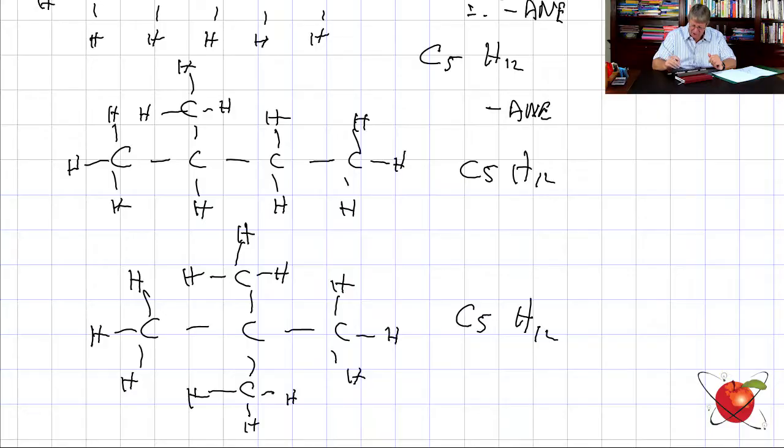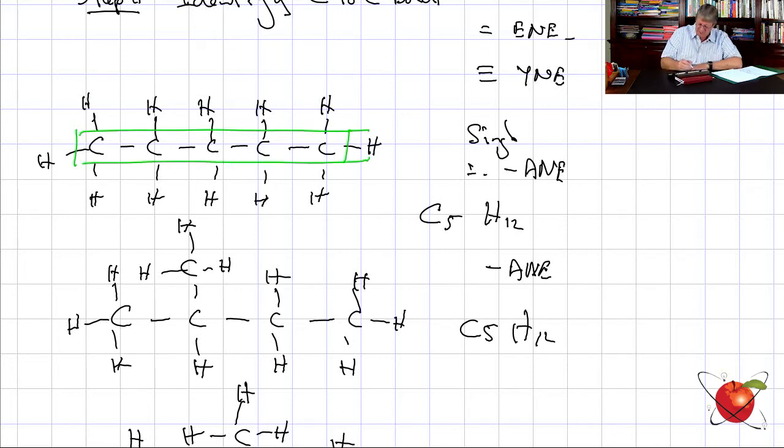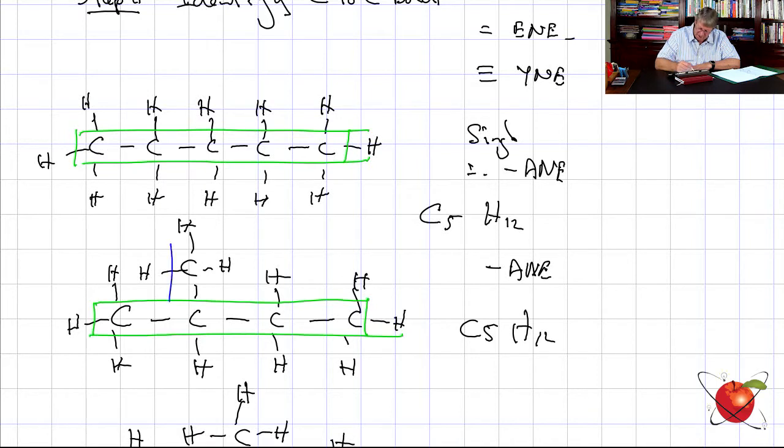The first one, let's just go through it here. I'll use green. This is a long single chain, like that. This is a long single chain there, but it has a side chain over here.